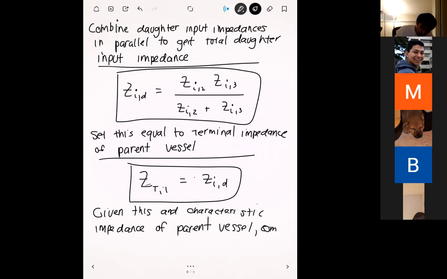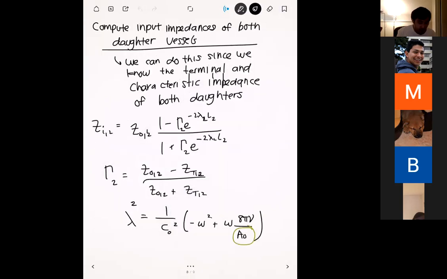You would follow the same steps we did on the previous page. First, you compute the reflection coefficient for the parent vessel, which you can do now because you have both the characteristic impedance and the terminal impedance. Then you plug it into this formula right here to find the input impedance, and away you go.